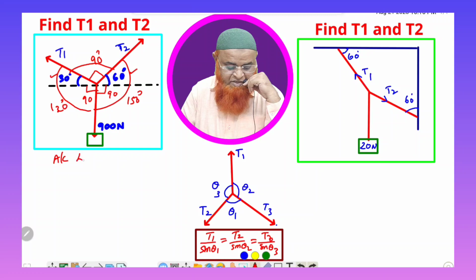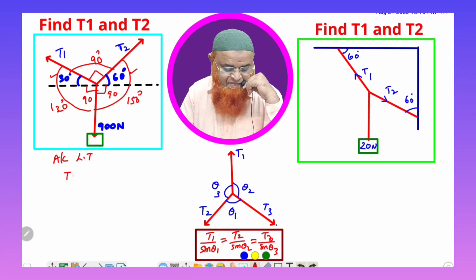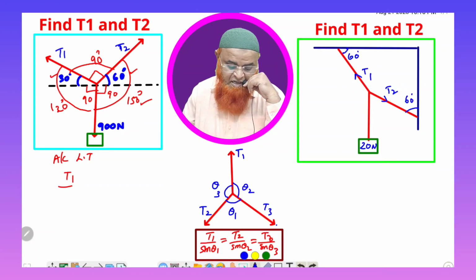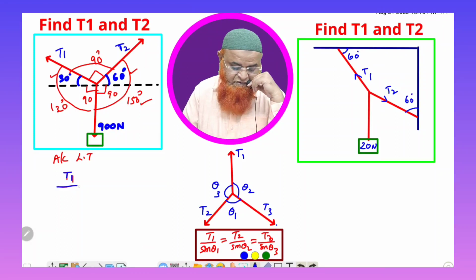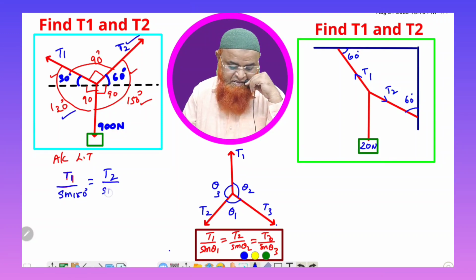So according to Lamy's theorem, we write T1, and opposite to that it is 150, this angle you have to consider. So we write T1 by sine 150 degrees, which is equal to T2, and opposite to that again it is 120 degrees, so sine 120 degrees.